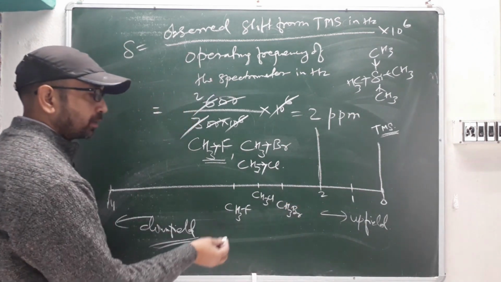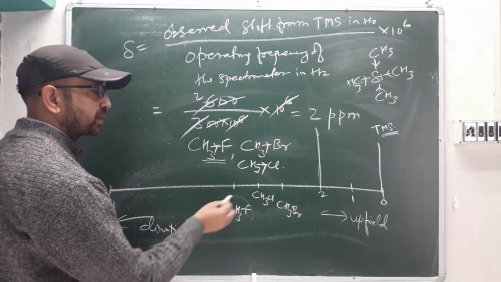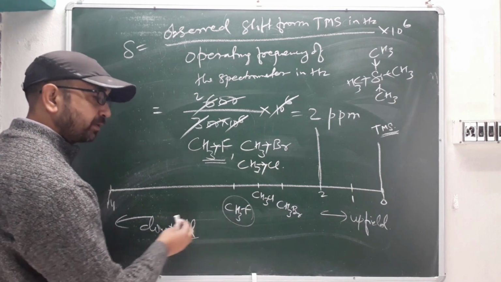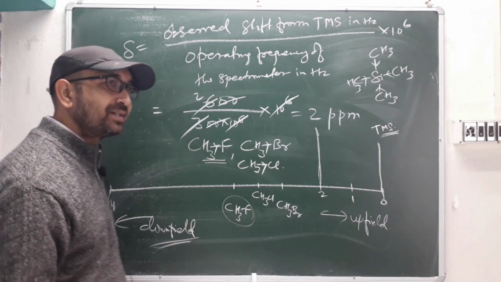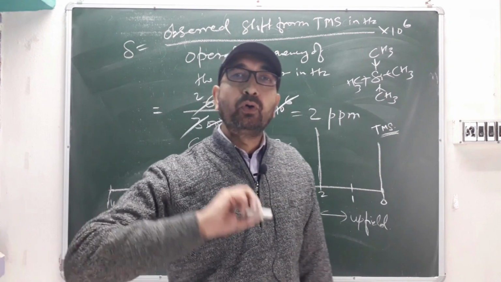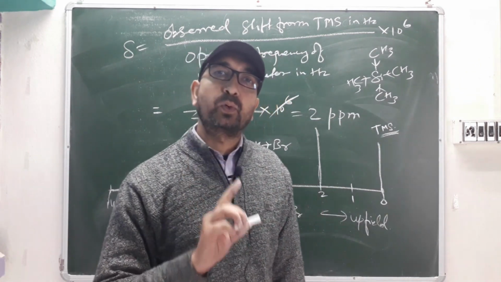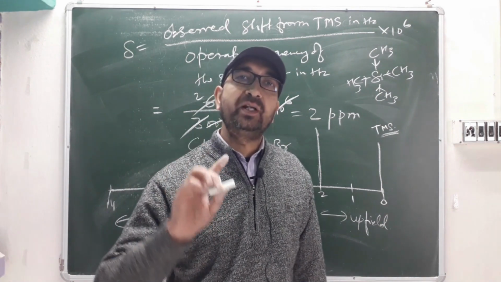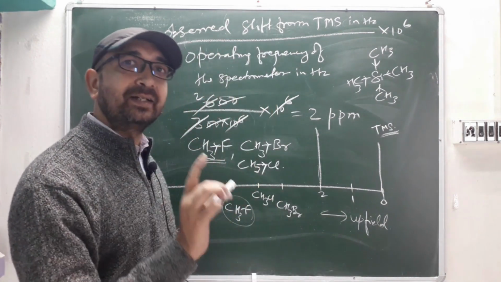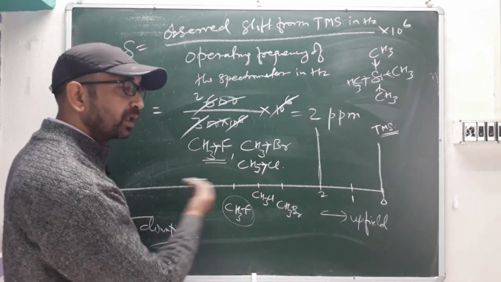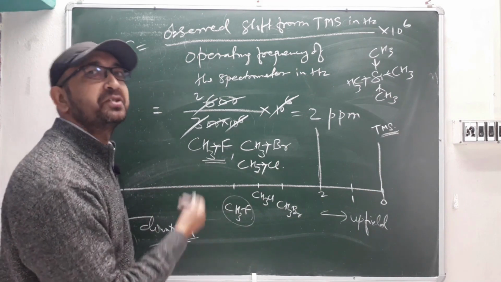It means the delta value will be more for CH3F because it is in the downfield. In simpler terms, if a more electronegative element is attached to the carbon, the protons on that carbon will feel less electron density, and then move towards the downfield. Based on that you have to calculate.